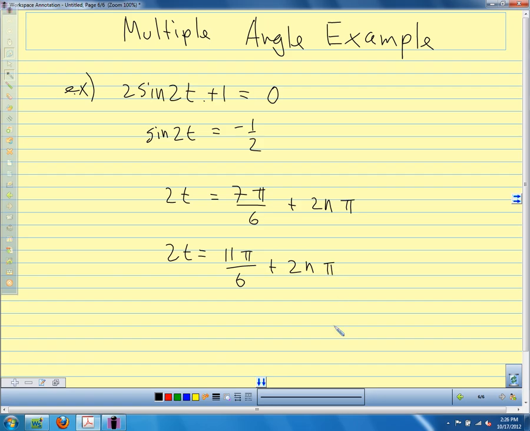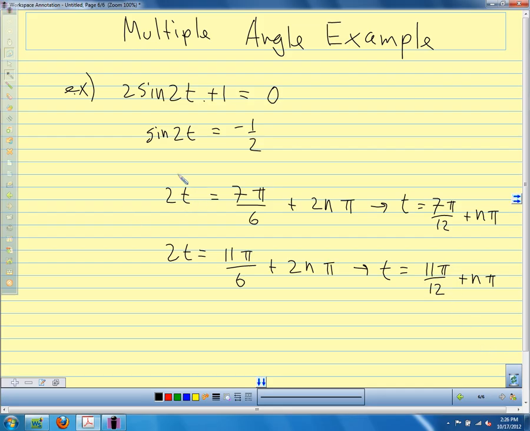And now I divide both sides by 2. So this tells me that t, because I'm trying to solve for t, equals 7 pi over 12 plus n pi. And this tells me that t equals 11 pi over 12 plus n pi.